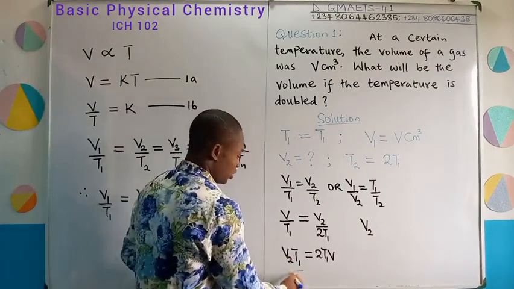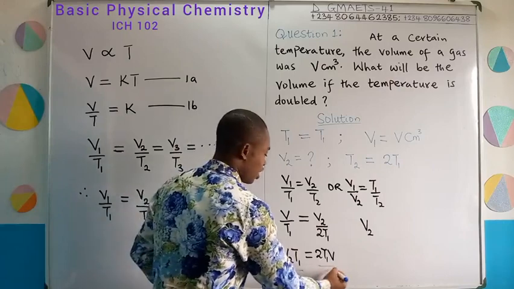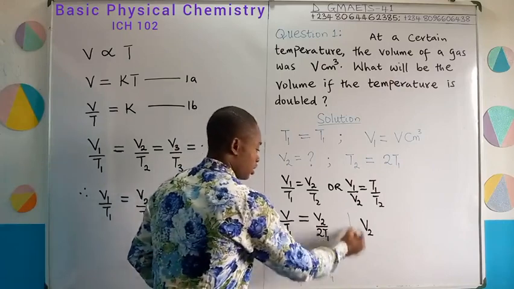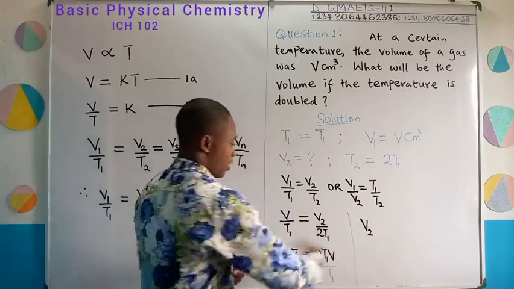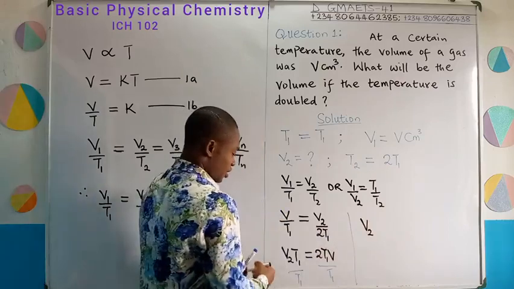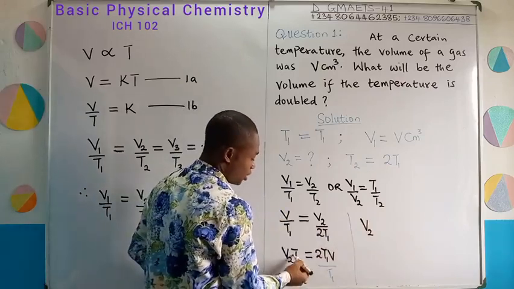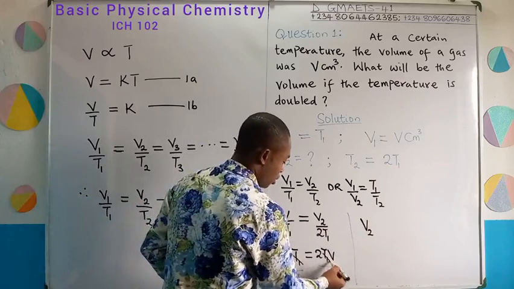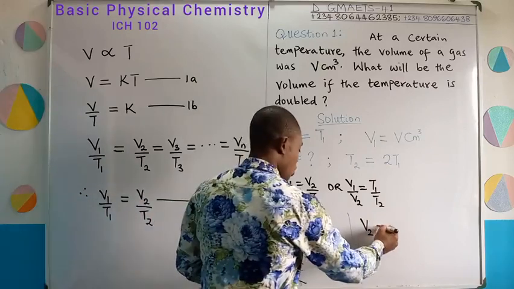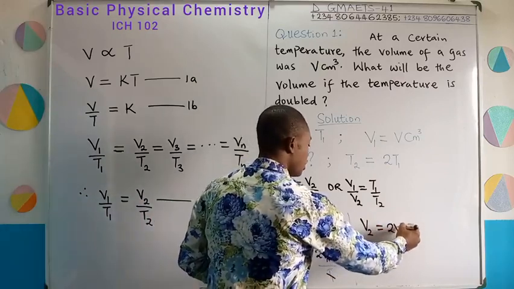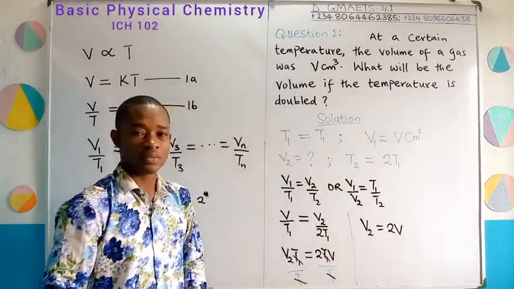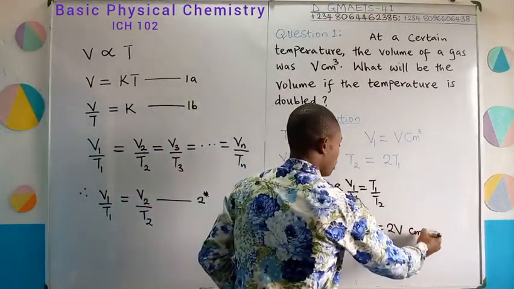Dividing here by T1, it cancels out, and we divide the other side also by T1. Let me solve the remaining part here. You notice that T1 and T1 will cancel, T1 will go off. So what do you see here? That V2 is equal to 2 times V. And of course, that becomes the solution of this problem, cubic centimeter.